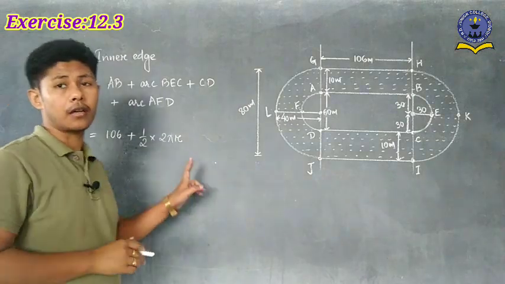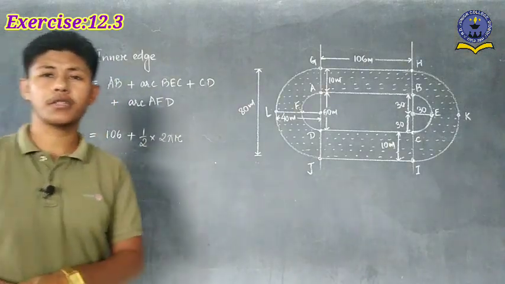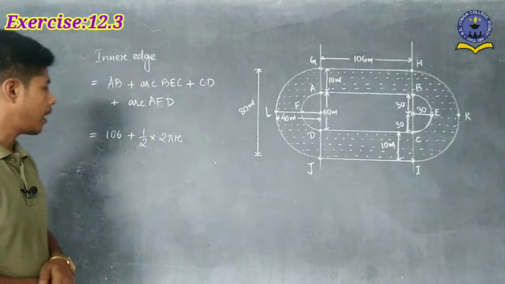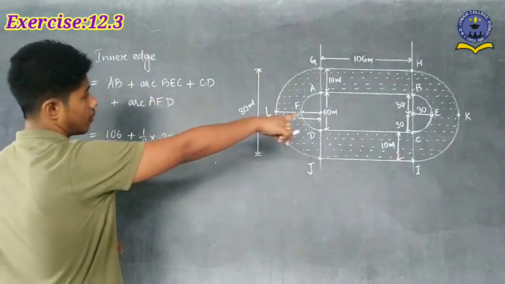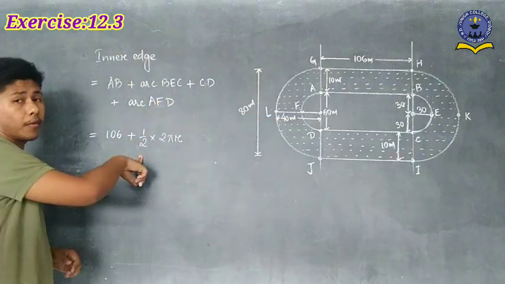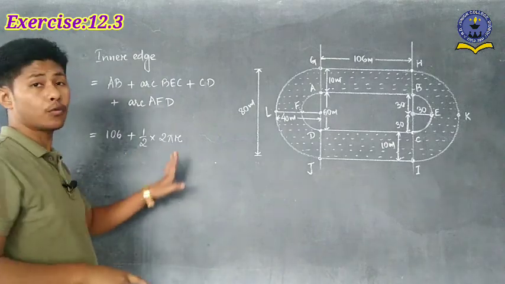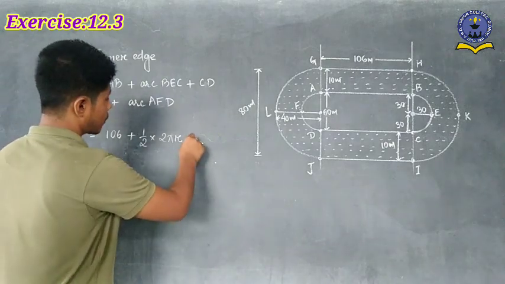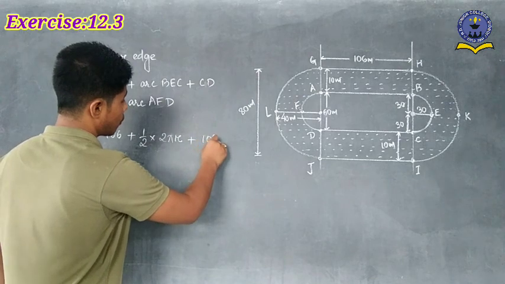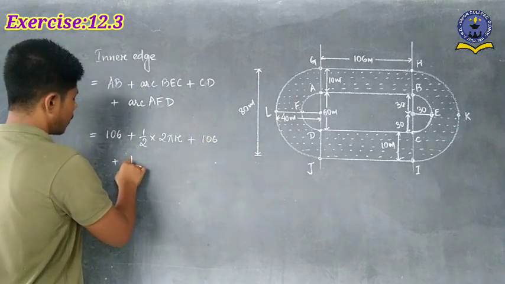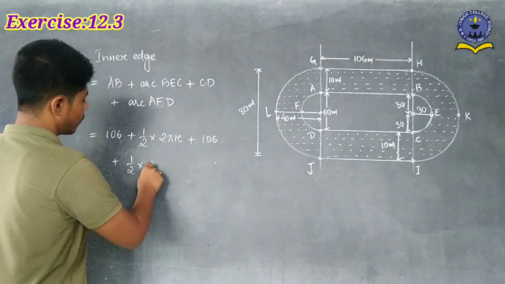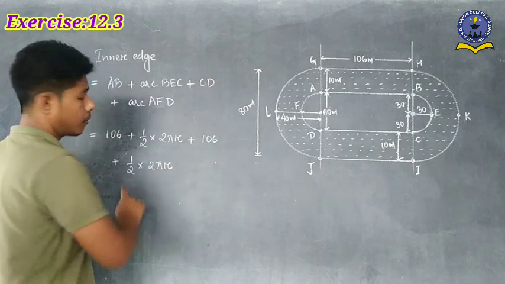What is the formula of a circumference? Twice pi r, and half of the semicircle is mentioned here, so that's why we have to multiply it by half. So half into 2 pi r. Plus next one is 106 again. Plus finally the last one is half of 2 pi r.